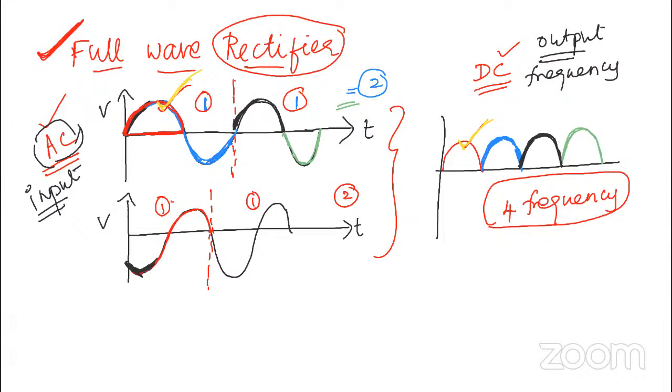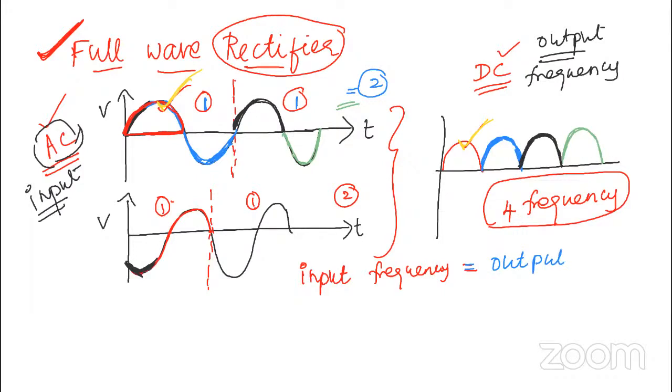Okay, right? So from this we write that the input frequency is equal to the output frequency. There is a formula for that, so we can write that formula. Here, for the half wave rectifier, the input frequency is equal to the output frequency, right?